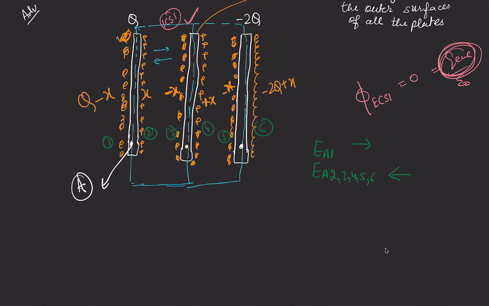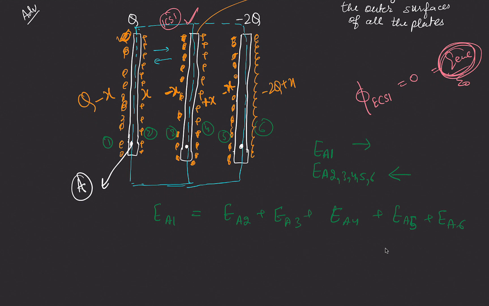And since the net electric field is 0, the electric field at A due to sheet 1 should be equal to EA2 plus EA3 plus EA4 plus EA5 plus EA6, so that the net electric field at point A is 0.